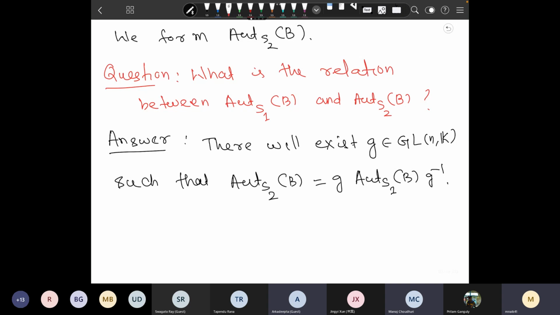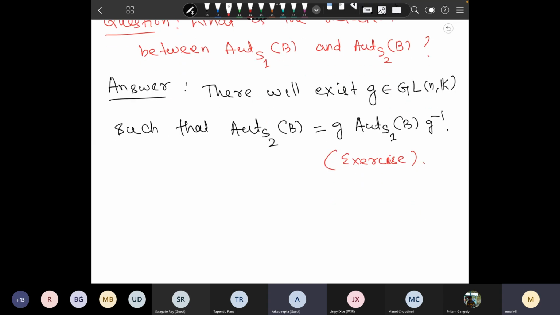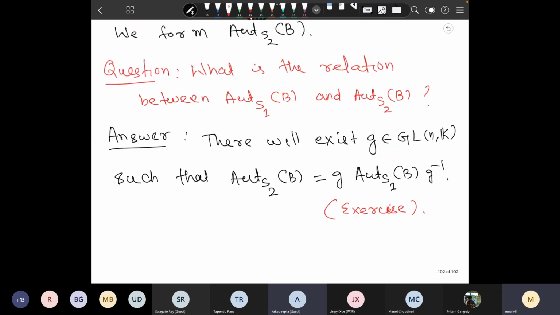It is related to the basis change matrix, not exactly, but either G or G inverse will appear here. You can take it as an easier exercise, or if you already know about bilinear forms, then you can do that.